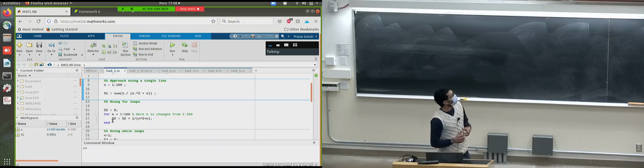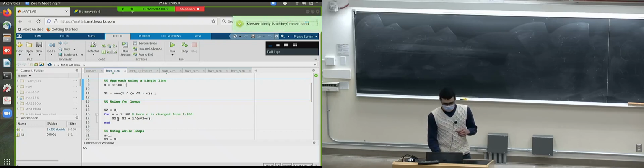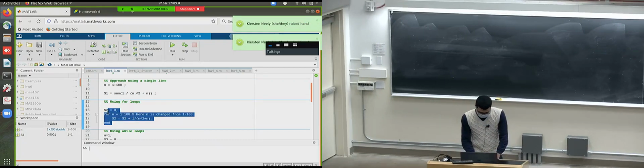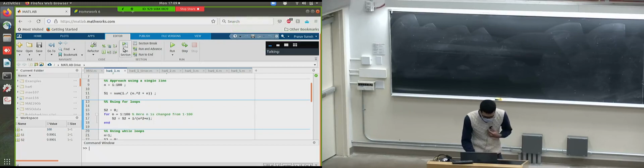So this will give you the same answer as S1, because instead of applying a summation operation on the series, where I create the series and sum all the terms, here I'm updating the value of S2. So let me go ahead and run this. Yeah, so S2 here is also 0.9901.